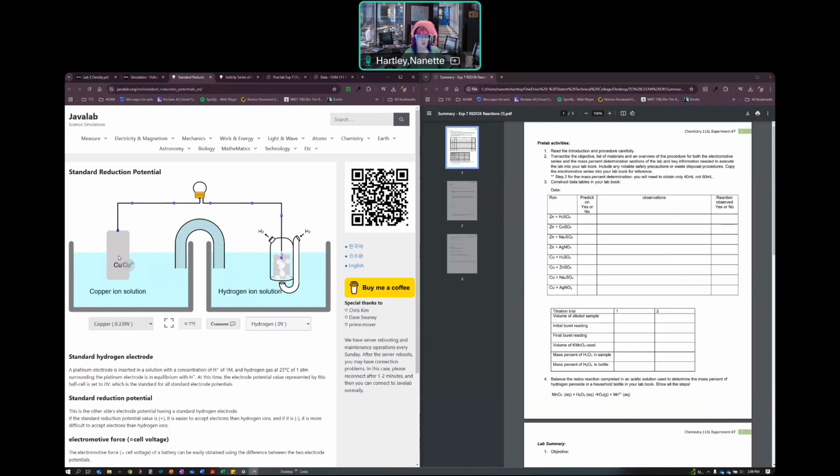A couple of things you'll note when you do this. If I have zinc here, zinc comes out to Zn2+, and H2 comes out here, right?